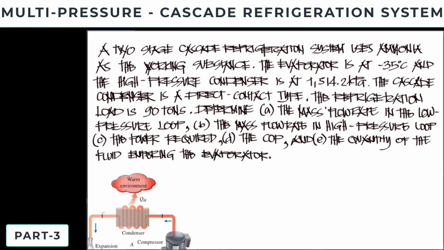Now, this problem is different from the previous one, which is non-mixing, where the evaporator of the high pressure loop and the low pressure loop are separate. This time, you will notice the problem says it is a direct contact type of heat exchanger.